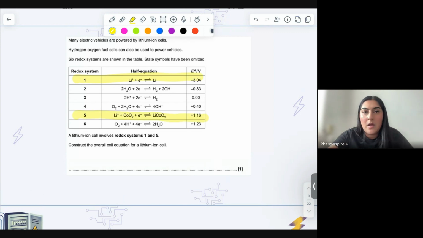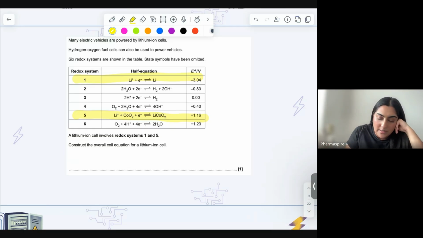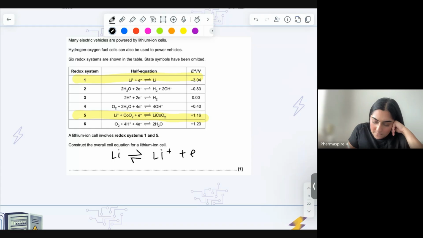Which one am I going to reverse, 1 or 5? Yeah, perfect. So rewrite that out. That's done. Now, they've all already balanced the electrons, right?